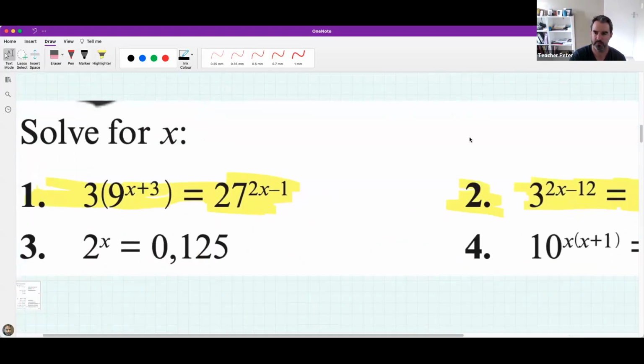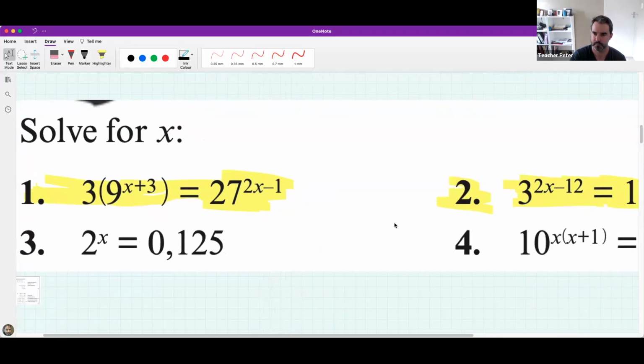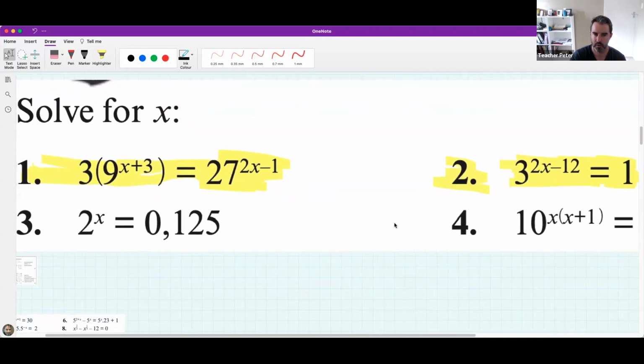Let me make it so you can see what's going on here. We are trying to do the ones in yellow.